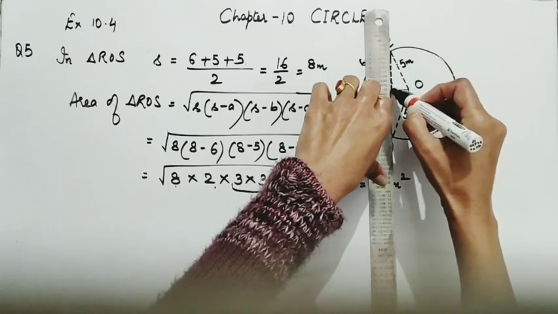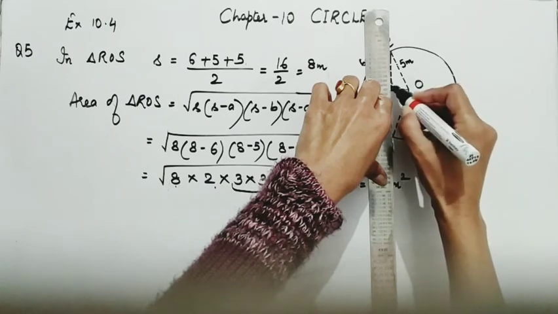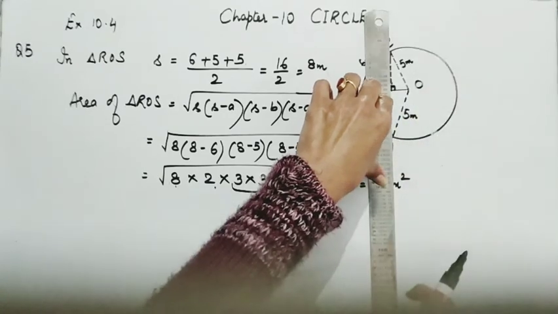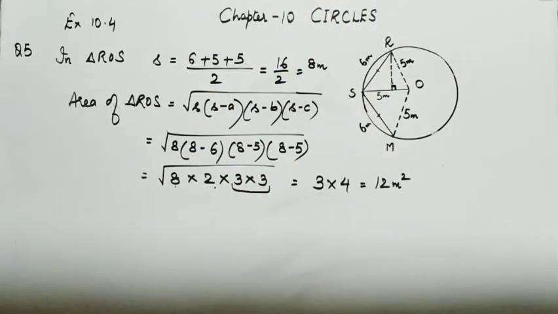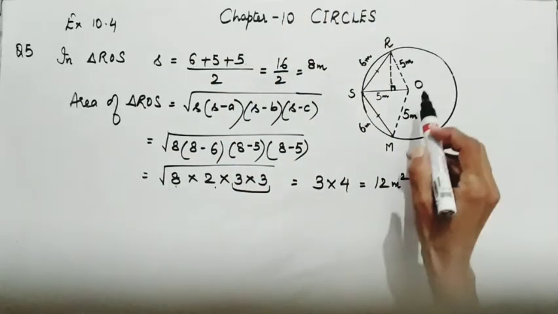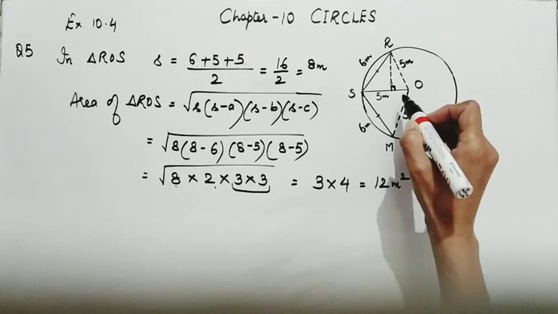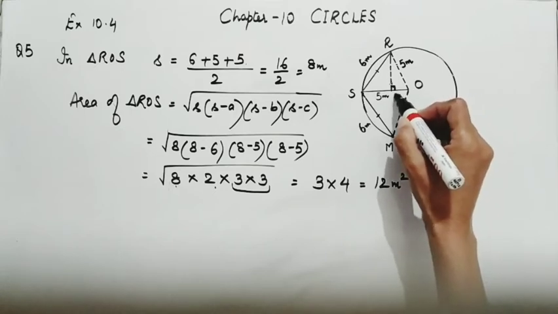Let me just draw perpendicular. Let's do it this way. Let me draw perpendicular from R to the side OS, and I am marking it as RP.